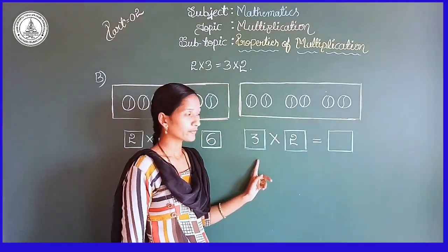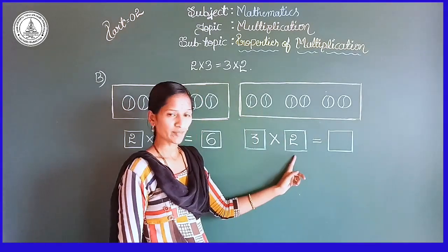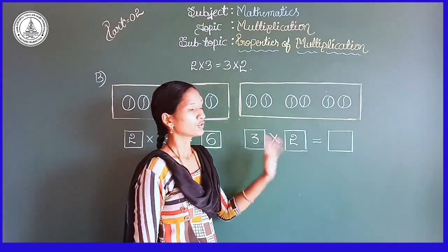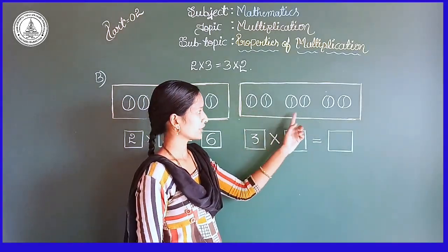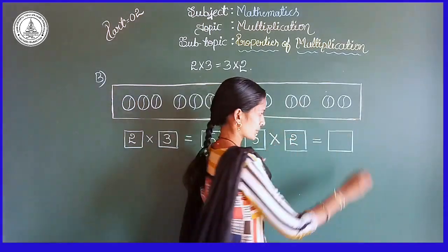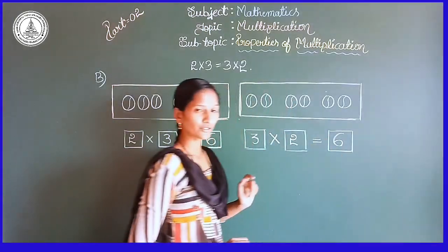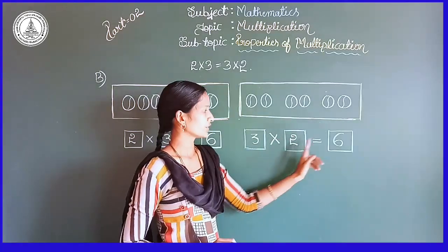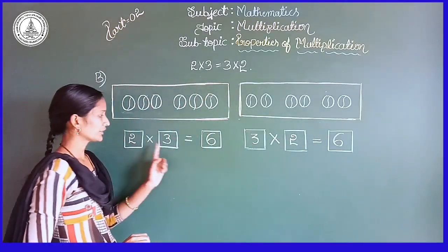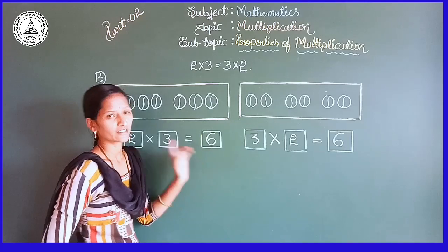In each set we have 2 balls. So I am writing here 3 into 2. The total number of balls is 1, 2, 3, 4, 5, 6. So here you have to write 6. So 3 into 2 is equal to 6 and 2 into 3 is also equal to 6.